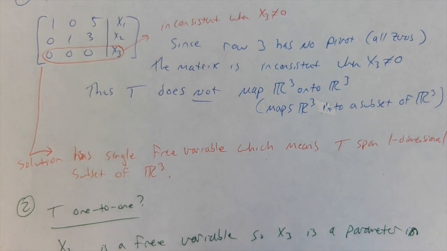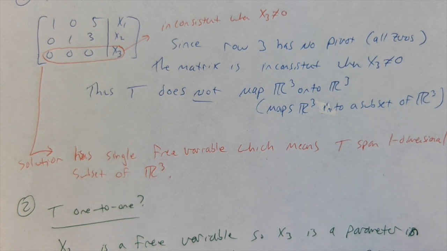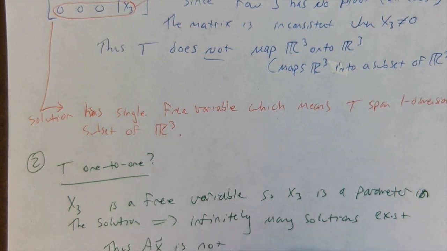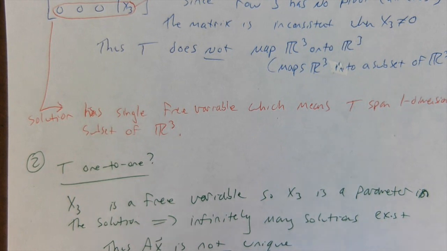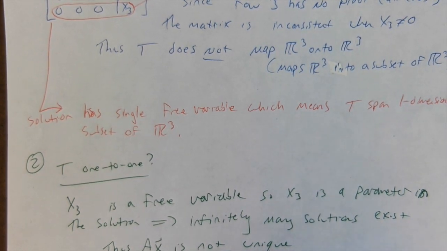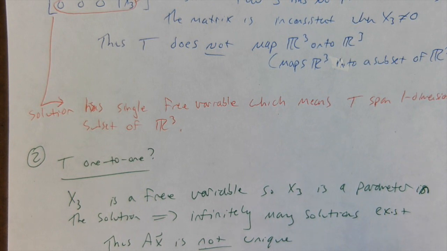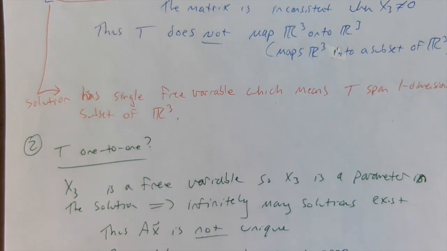That means there are infinitely many solutions, which means it can't be one-to-one. In other words, Ax is not unique, and that means the matrix A or the transformation T are not one-to-one, again because we've got that free variable.